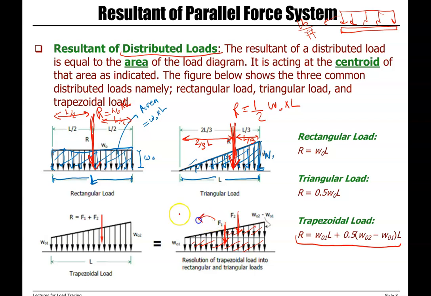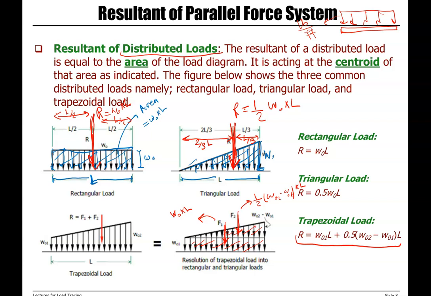F1 is W0 times L, the rectangle, and F2 is half of W02 minus W01 times L. So these were examples of calculating the resultant of a distributed load.